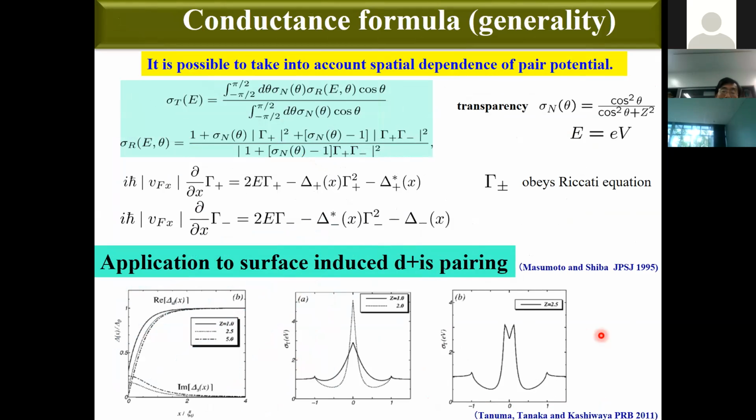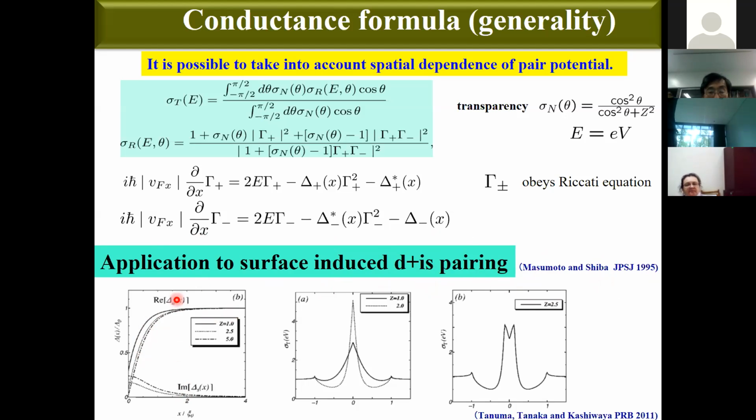Here I briefly mention that our formula is quite general. At that time, Professor Matsumoto, now in Shizuoka, and the famous Professor Shiba predicted that a D plus i pairing is generated near the surface.